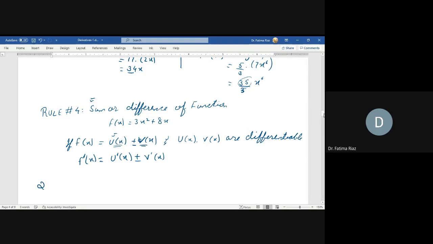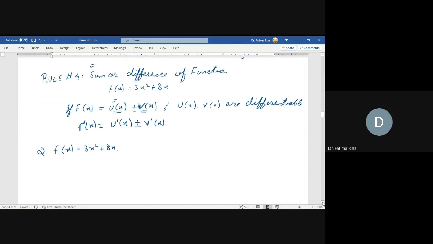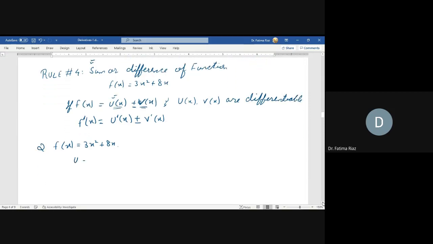Taking the same example, 3x square plus 8x, considering that u of x is equals to 3x square and v of x is equals to 8x. This x just represents that it depends on x.